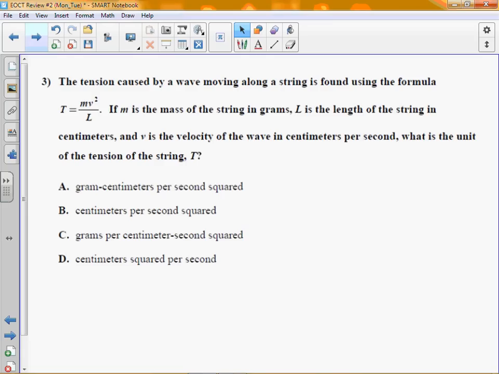The tension caused by a wave moving along a string. This was one of those from last week too. This one's correct now. It said T equals mv squared over L. Mass is grams, so I've got grams. L is the length in centimeters, so it's over the centimeters. And velocity is per second.